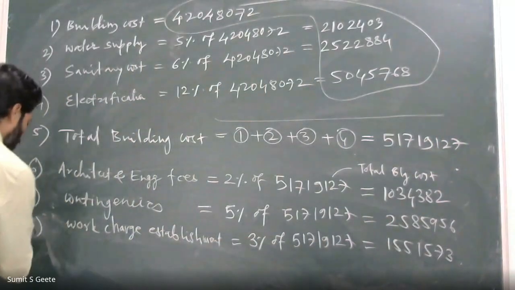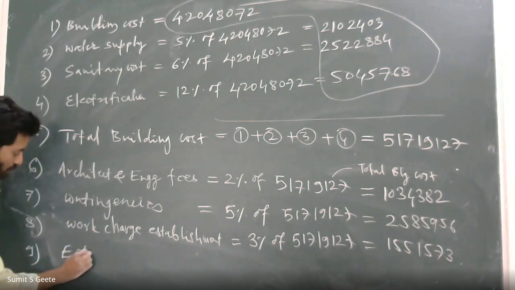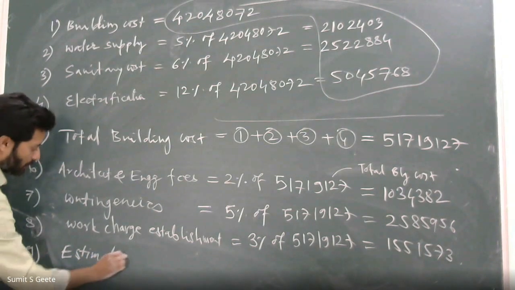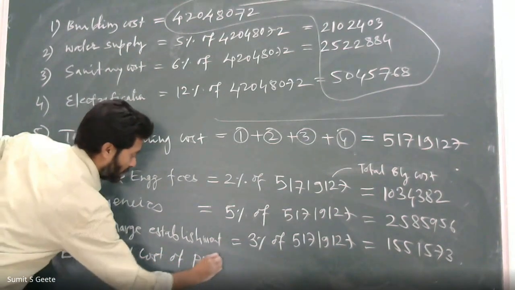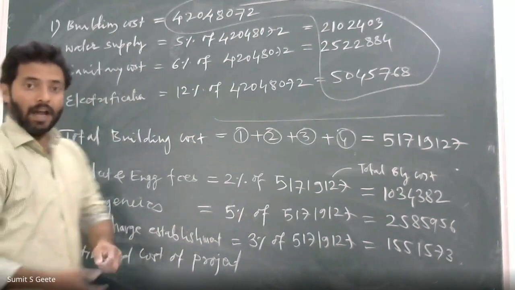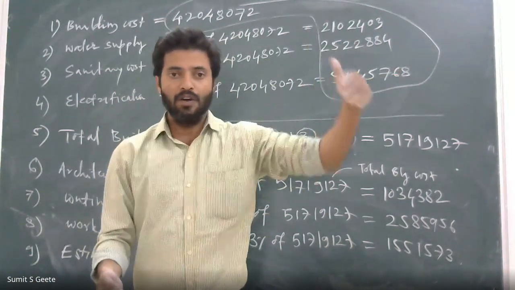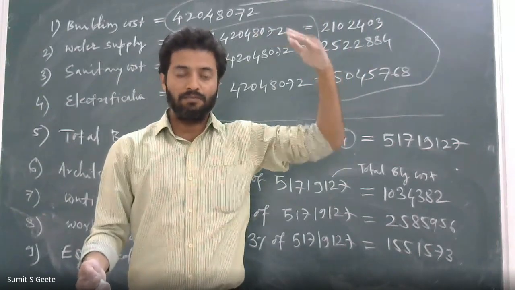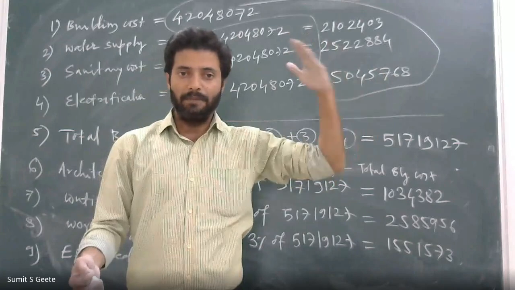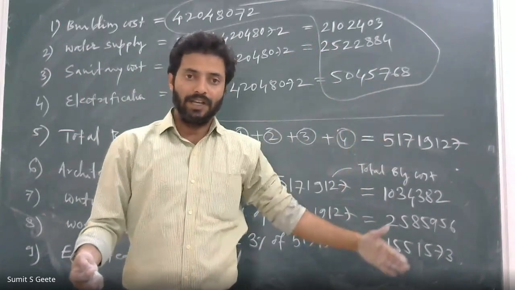So therefore, the last one, that is the 9th one, estimated cost of project. Now see, I am utilizing the word project, which comprises building cost, that is superstructure cost, substructure cost, plus electrification, plumbing, sanitary, plus architect fees, contingencies, work charge establishment.